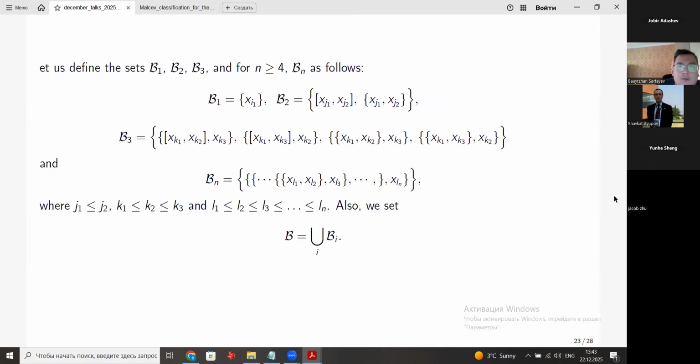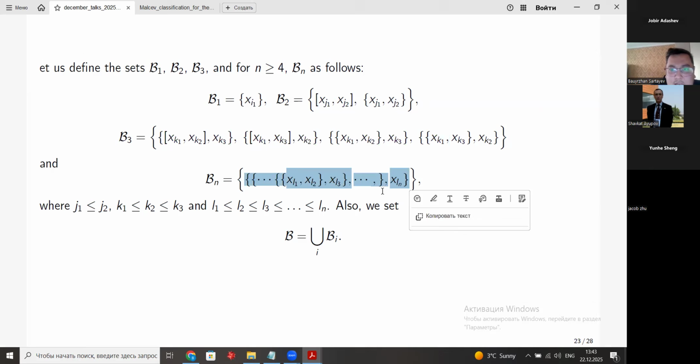Let us define the sets B1, B2, B3. The set B1 is just the initial alphabet. B2 is this monomial and this monomial. B3 is these four monomials. And starting from 4, we define Bn in this form. It's just a monomial of the following form.